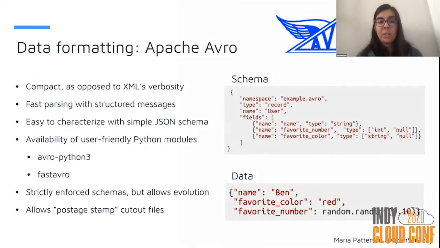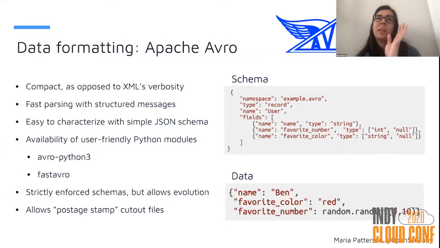If you're not familiar, Avro kind of falls on a scale between structured and unstructured. On the unstructured side would be just CSVs and that kind of thing.